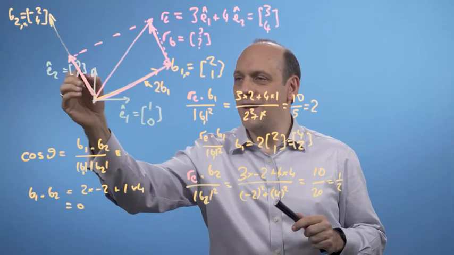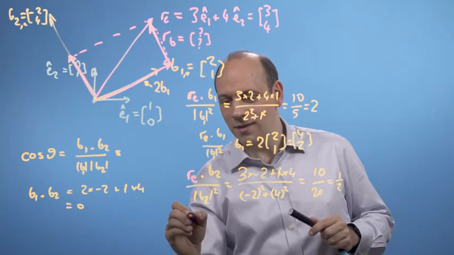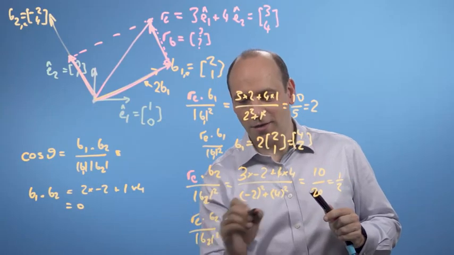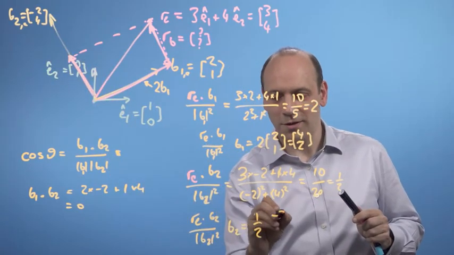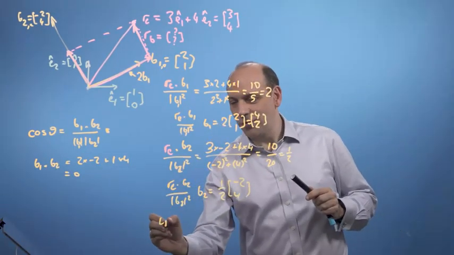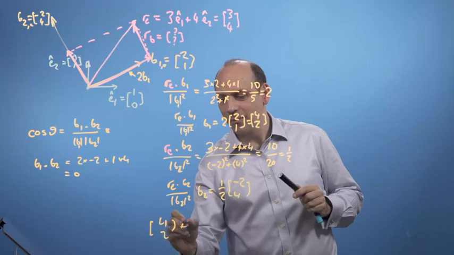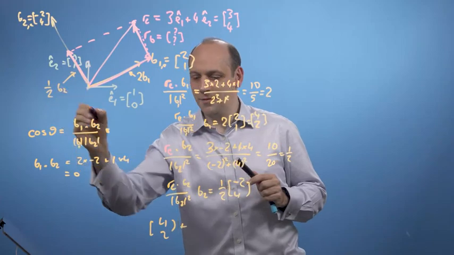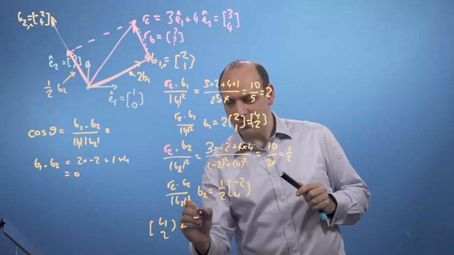So this vector projection here is that guy times B2, so that's R_E dot B2 over the modulus of B2 squared, that's my half, times the vector B2, so that's a half times the vector B2, which is minus 2, 4. Now if I add those two together, 4, 2, this vector projection, plus this vector projection, which is a half B2, that's minus 1, 2.